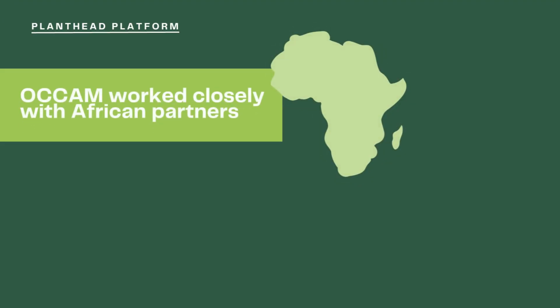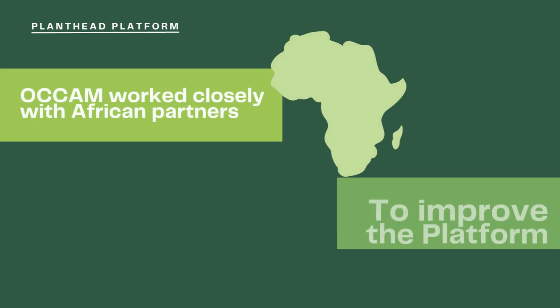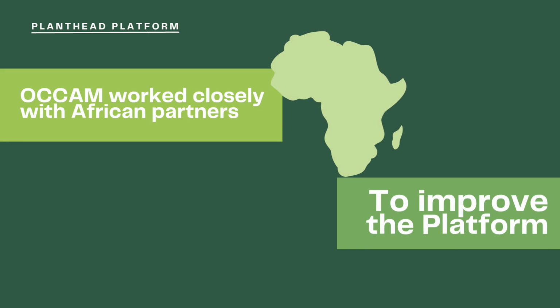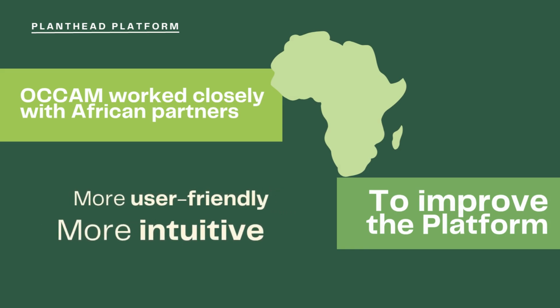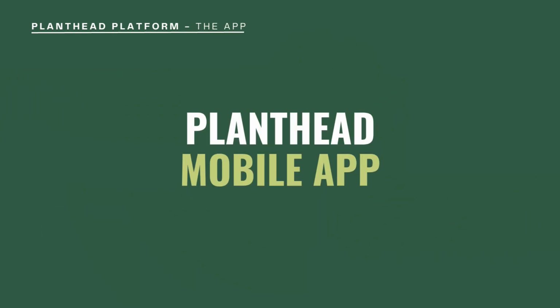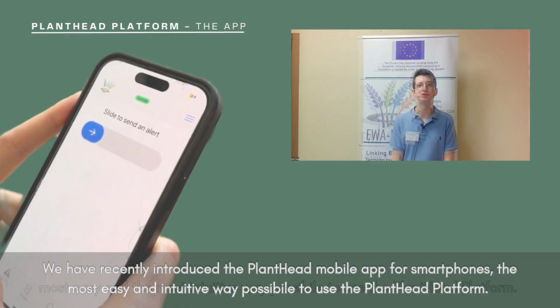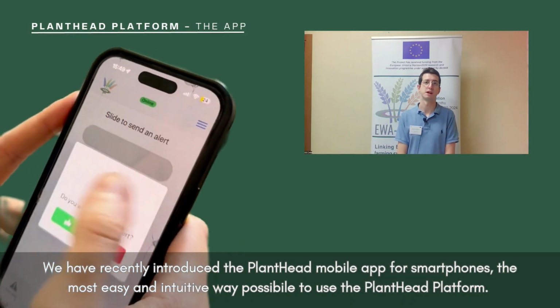Occam worked closely with African partners to gather feedback aimed at improving the platform, ensuring it becomes increasingly user-friendly and intuitive. The latest development involved the introduction of a mobile application of the PlantHead platform. We have recently introduced the PlantHead mobile app for smartphones.